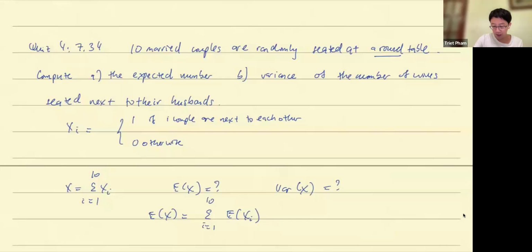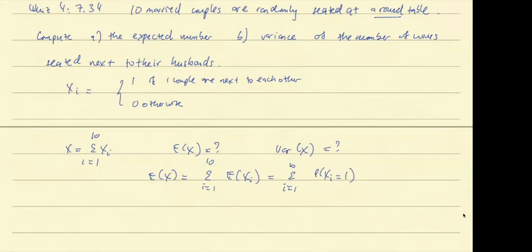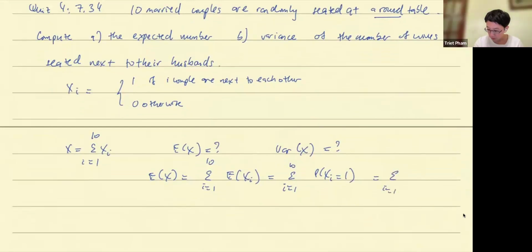It's of course the probability that xi equals 1, meaning the probability that couple i are next to each other, which is 2/19. That's correct. So it's really 20/19. Okay, so how should we justify this answer?